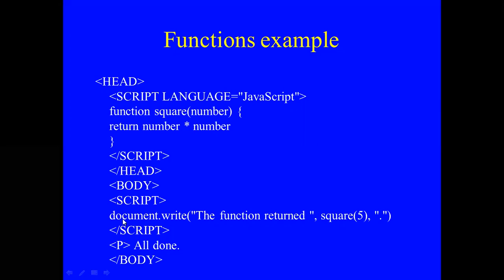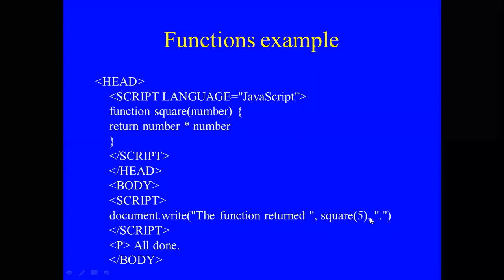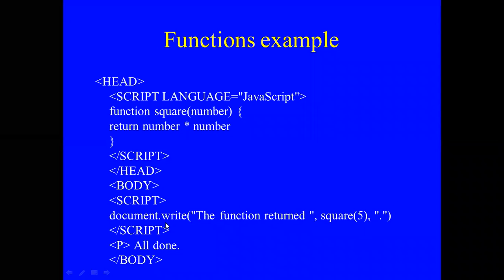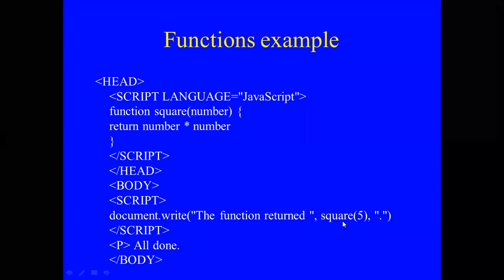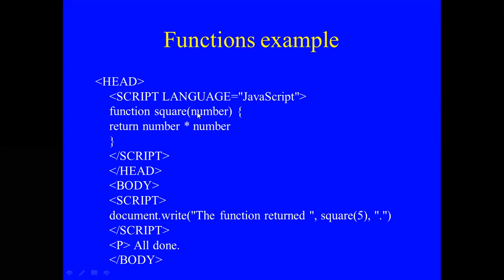So you can write document.write, then we call the function square and pass the value 5. After writing this statement, it will call the function square and execute the statement return number times number, that means it will print the square of 5. After that, we end the script and the document. This is the example for function.